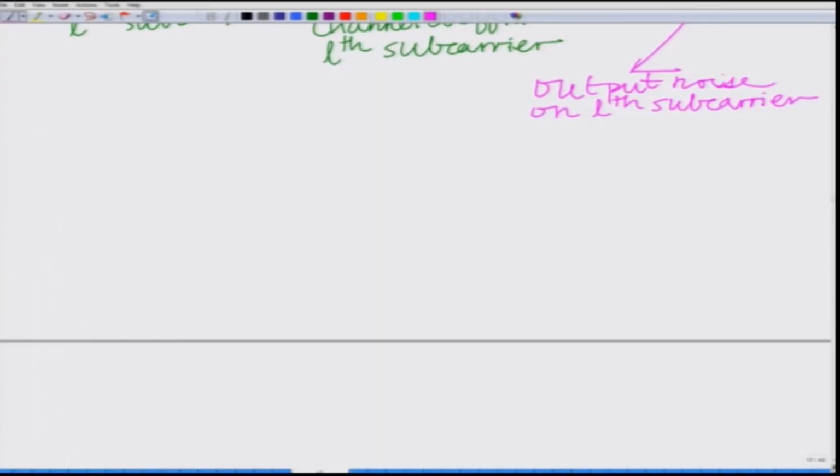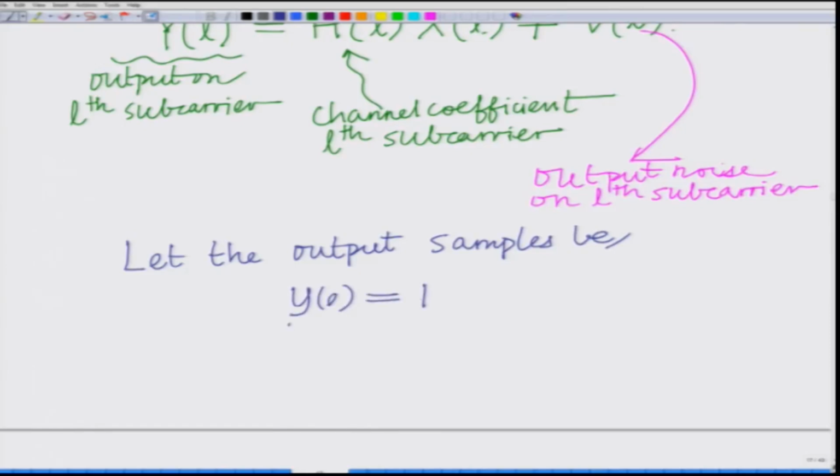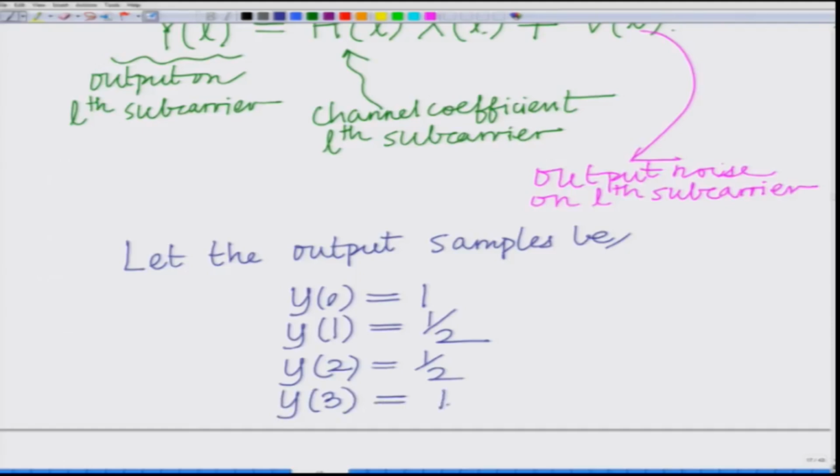So, let us first consider the output samples. Let the output samples be y0 equals 1, y1 equals half, y2 equals half, y3 equals 1.